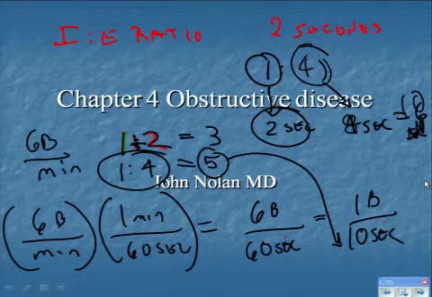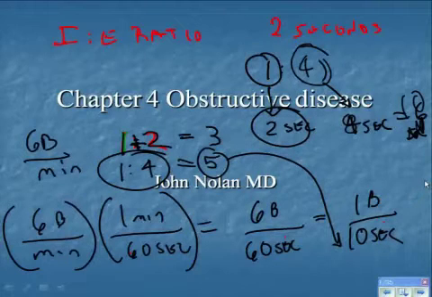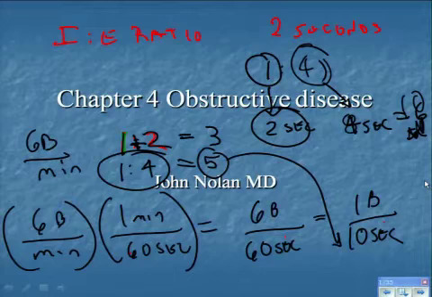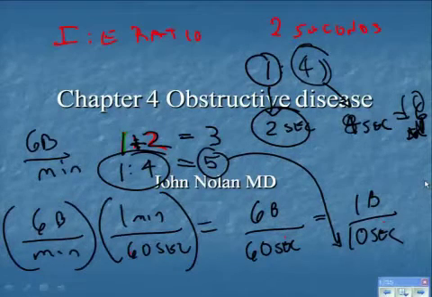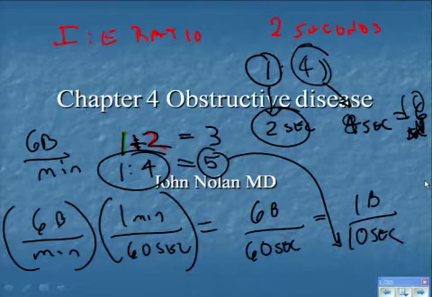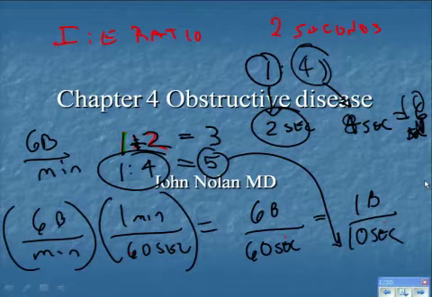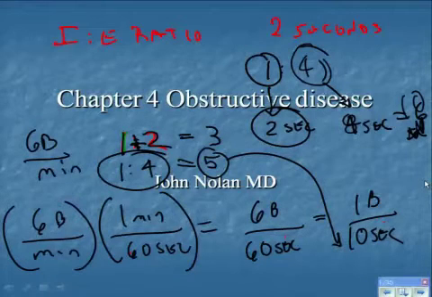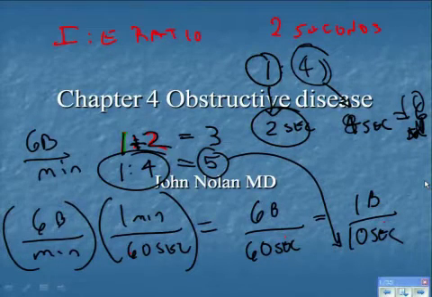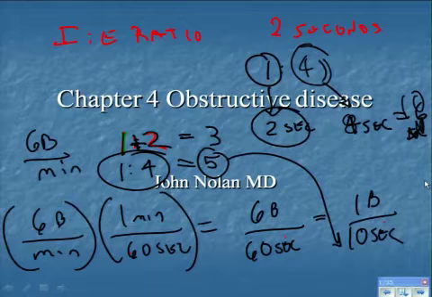Patients, on the other hand, that are COPDers, that are already largely inflated, giving them more I time doesn't really help. You can actually make them worse. Because if you give too much inspiratory time, you begin to overdistend lung areas that already are overdistended, and you'll make the VQ match even worse.